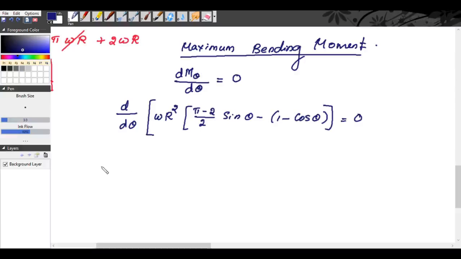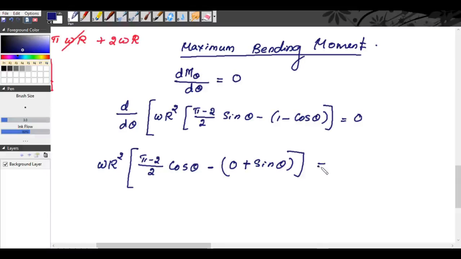W r square into differentiation of (pi minus 2)/2 sin theta. (Pi minus 2)/2 is constant. Differentiation of sin theta is cos theta. So cos theta, minus differentiation of 1, differentiation of constant is 0, minus differentiation of cos theta is minus sin theta. So minus into minus plus sin theta is equal to 0.